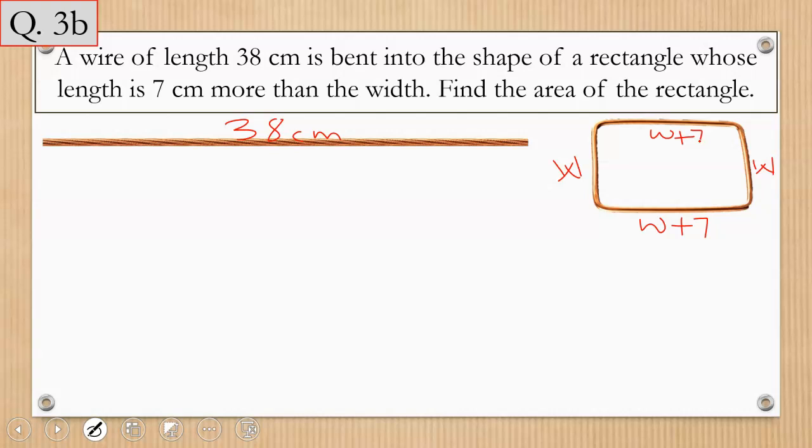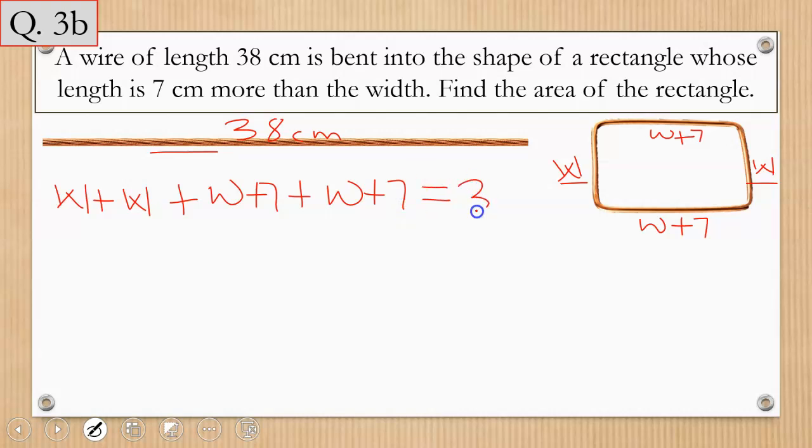Now, if the whole length of the wire was used to form this rectangle, then the perimeter of the rectangle is equal to the length of the wire. And so we can write the perimeter of the rectangle, which we get by adding all the sides together: W plus W, then plus W plus 7, plus W plus 7. And this should be equal to 38, given to us as the length of the wire.